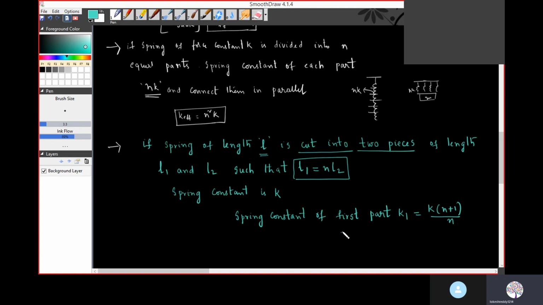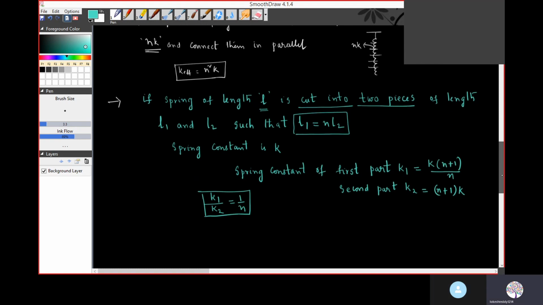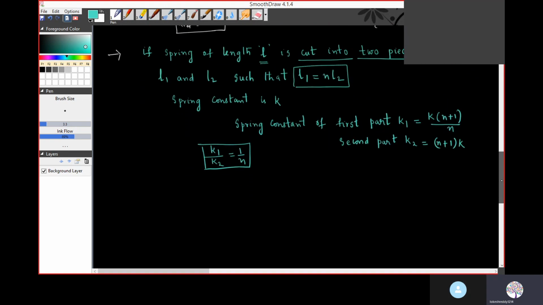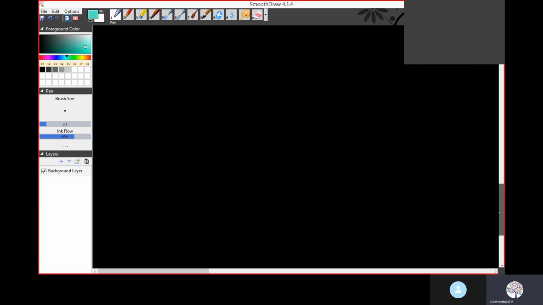Then the spring constant of the second part will be K2 equal to (n plus 1) into K. The ratio of spring constants K1 by K2 is equal to 1 by n.